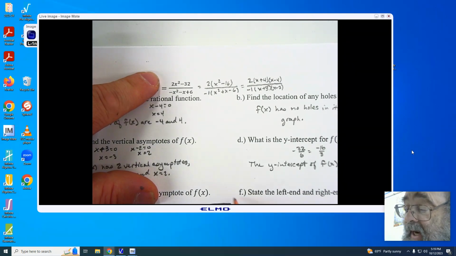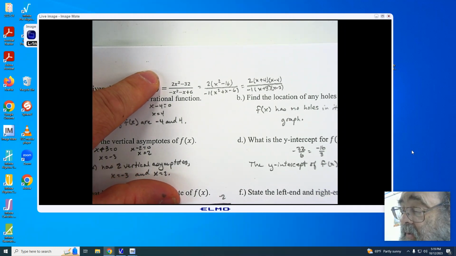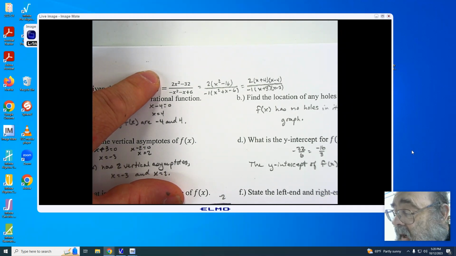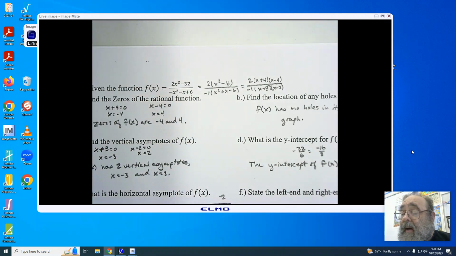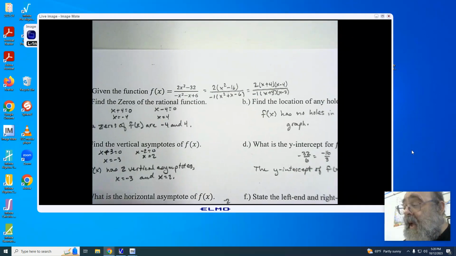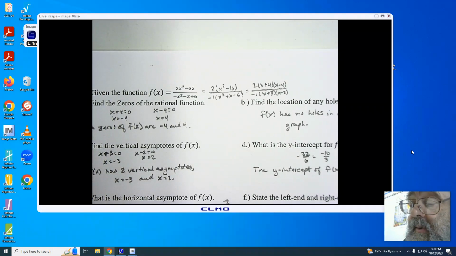Our answer is negative 2, and we distribute. Positive 2x squared, positive 2x minus 12 distributed gives me 0 minus 2x, and you'll notice that I'm looking at a minus 20. All right, so we have y equals negative 2 as our horizontal asymptote.